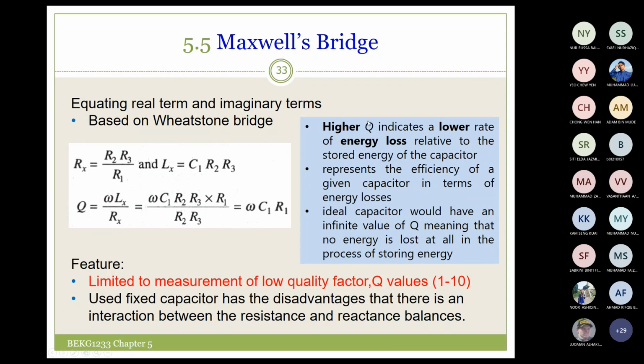For the Maxwell bridge, the feature is that it is limited to measuring low quality factors, where the Q value is between 1 and 10. Maybe after this we will go for the measurement of high quality factors, with Q values more than 10. These fixed capacitors have the disadvantage that there is an interaction between the resistance and the reactance balance.